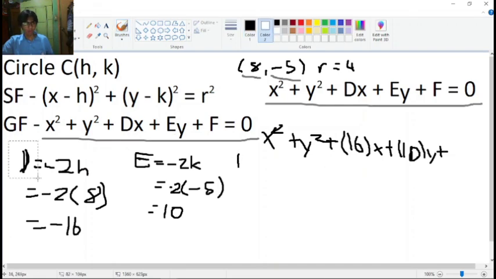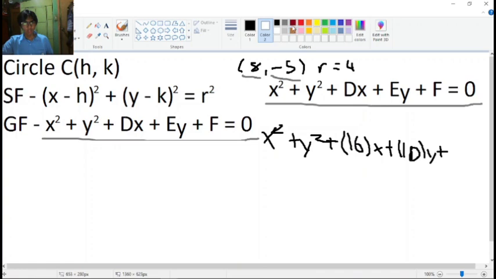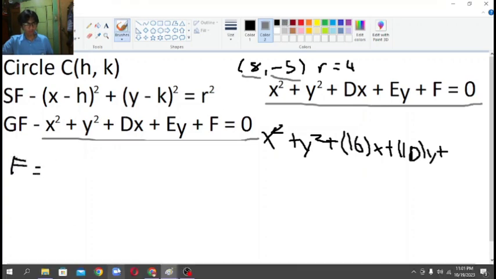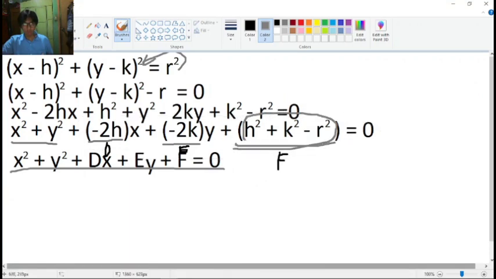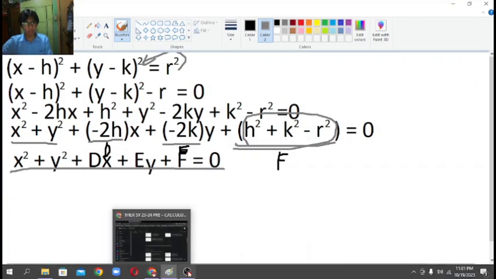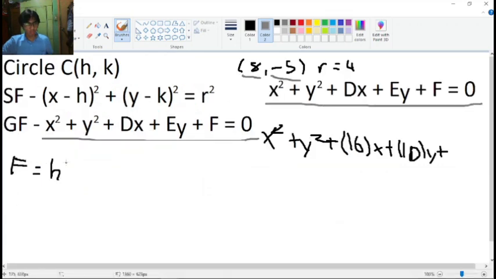Now let's solve for f. Let's clear up some space here. So f will be, let's go back to the formulas. f is h squared plus k squared minus r squared. So let's substitute: h is 8 squared, plus k is negative 5 squared, minus r, which is 4 squared.